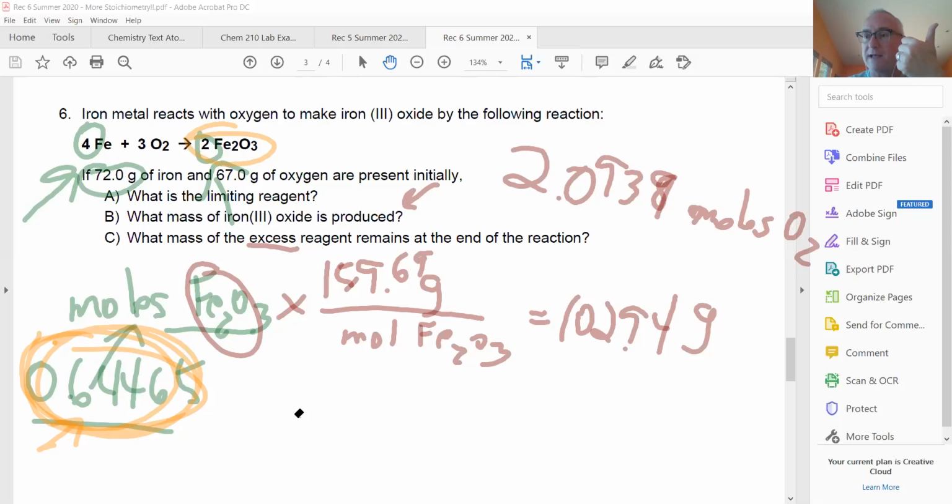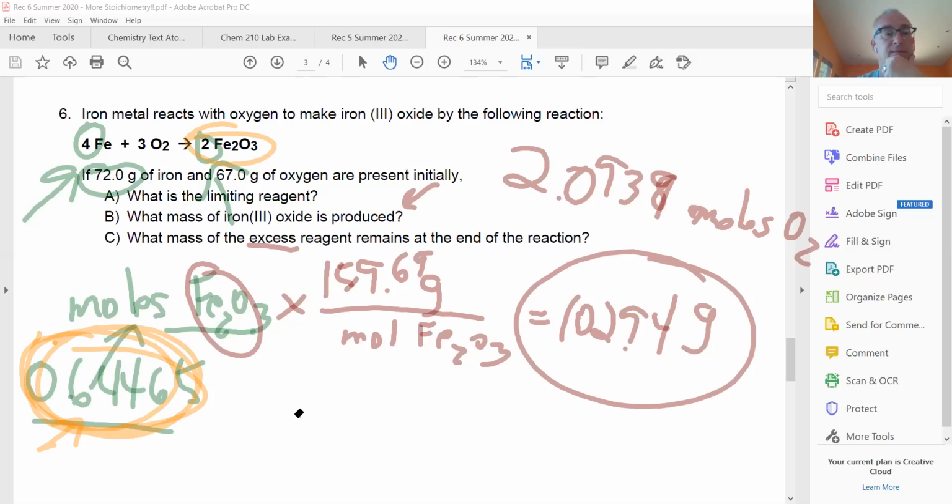So we know what our mass of products is now. We only make one product, and that's the mass of it. The mass of our reactants has to be the same. Since iron was limiting, we've used all 72 grams of that, so the rest of the mass in this product must be oxygen.